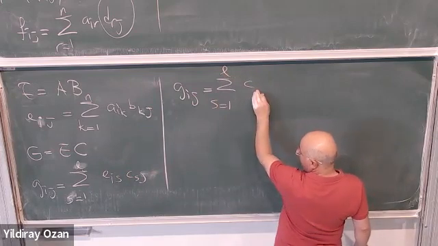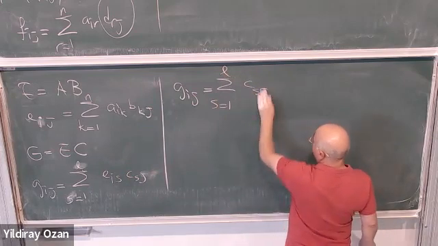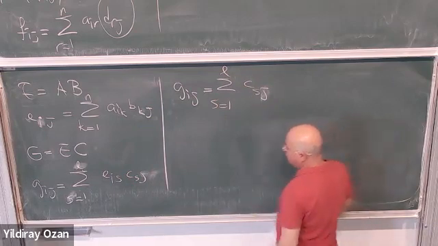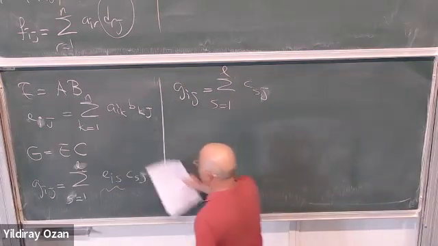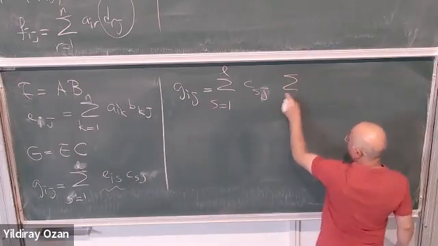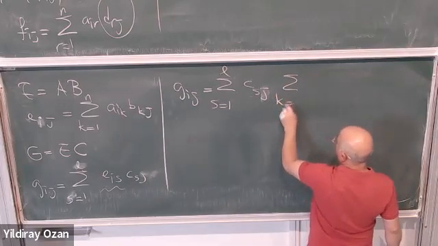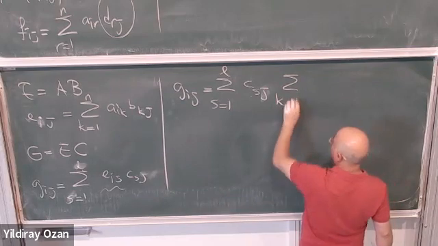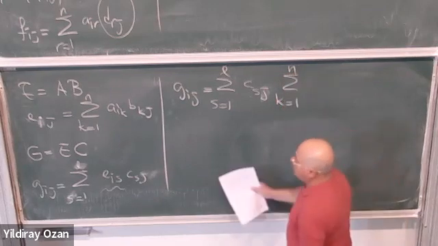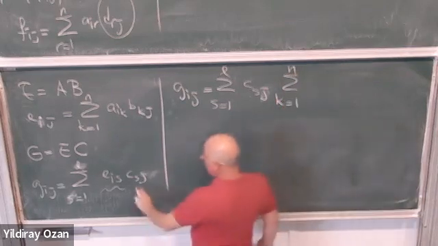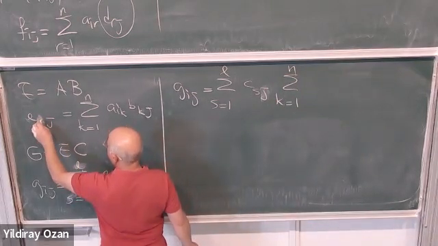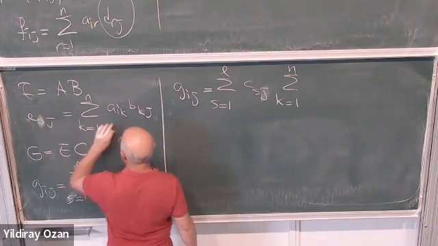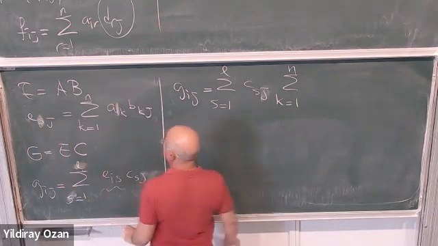C S J, and then E I S. E I S is what? E I S is just the summation from K up to N. A, instead of I have S, so I will have S here.